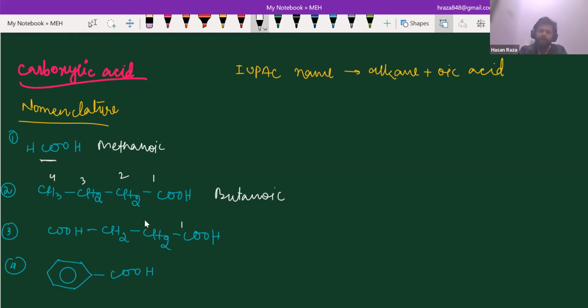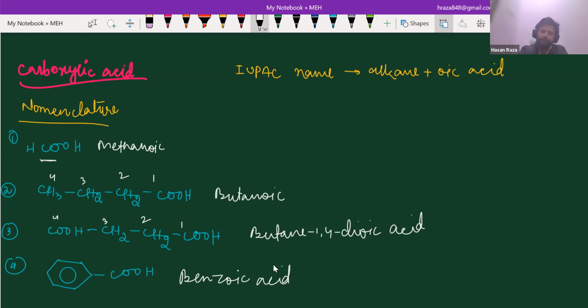Now you can see 1, 2, 3, 4. Total 4 carbon, so it will be butane, 1, 4, butane dioic acid. This is your benzoic acid. Yes or no? Yes, sir. Benzoic acid.